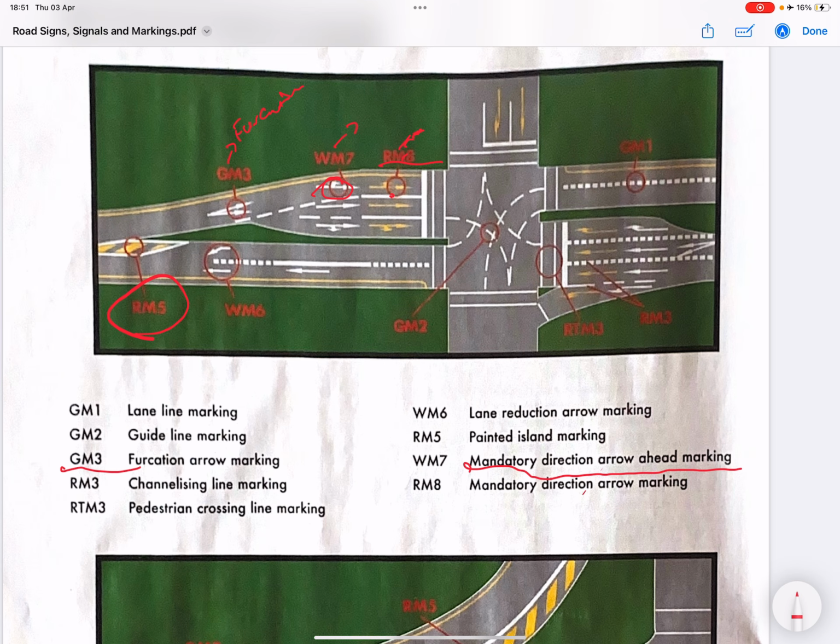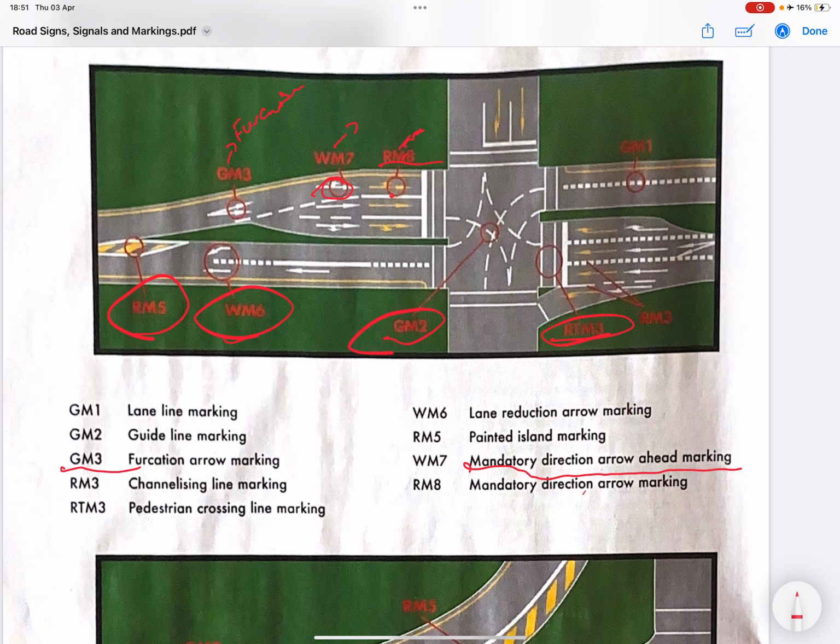Then the WM6, lane reduction. The GM2 is the guideline marking.